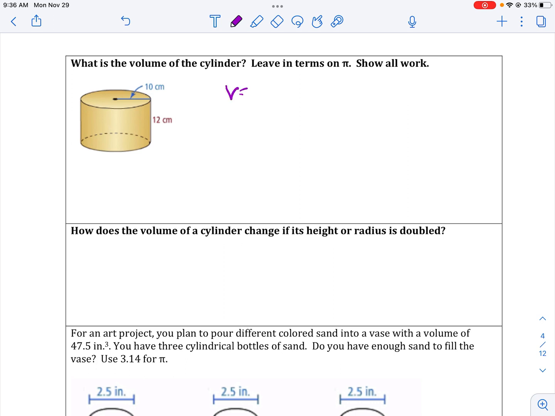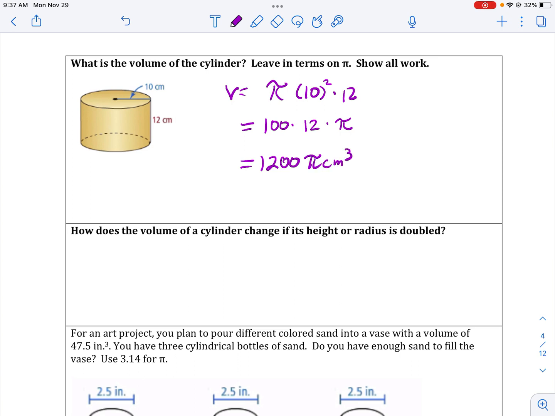So volume equals pi times my radius squared times the height, so we're leaving in terms of pi. So 1,200 pi centimeters cubed.